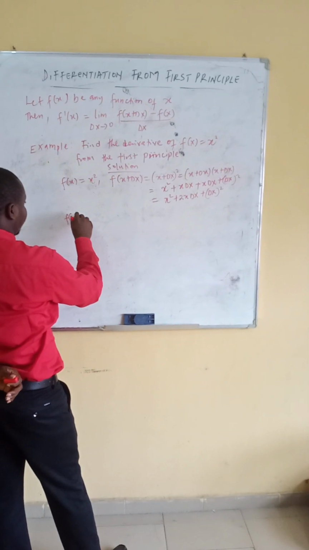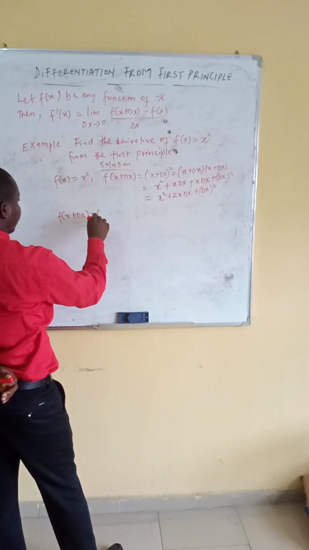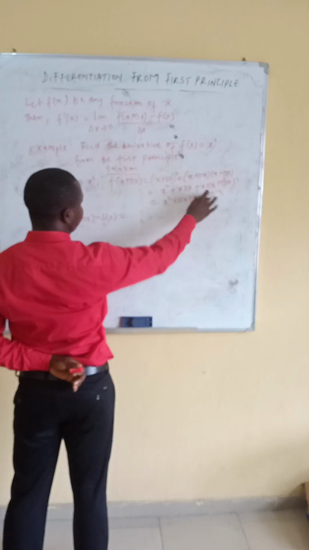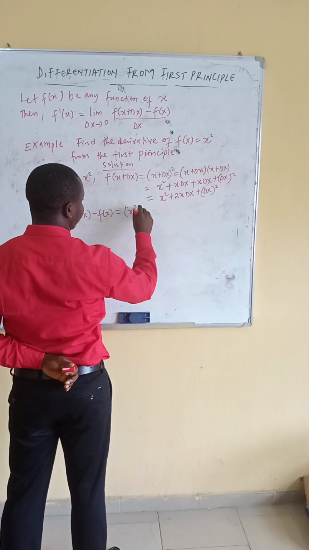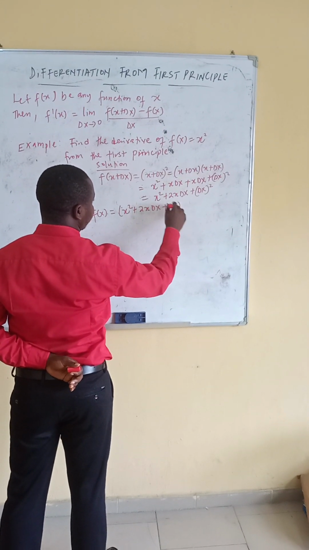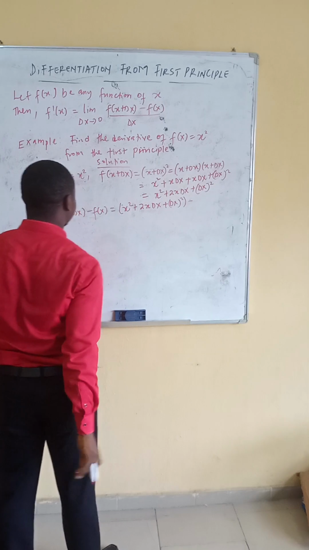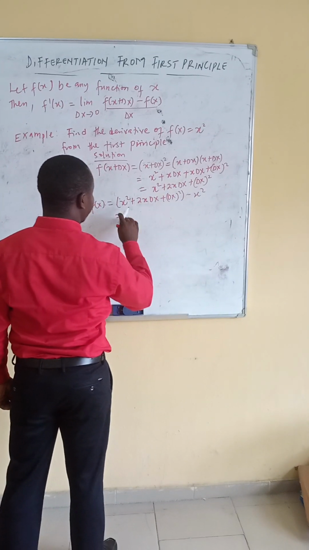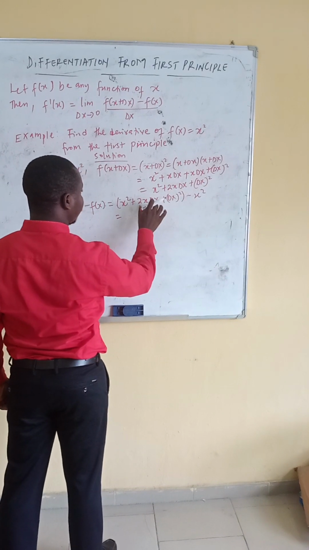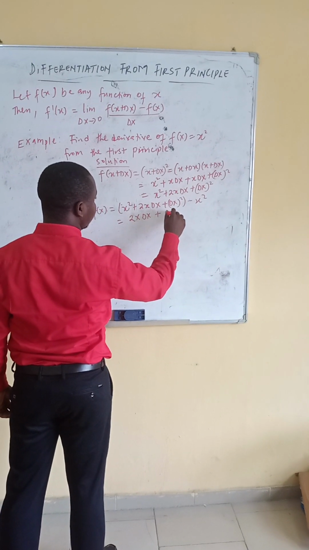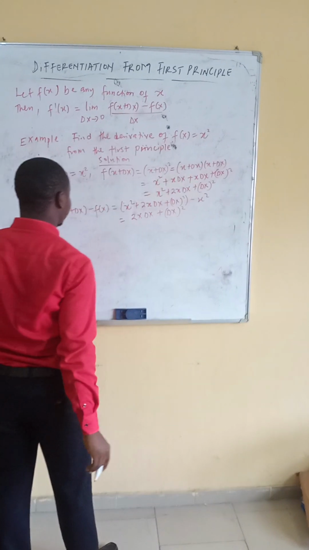Now f of x plus change in x minus f of x: f of x plus change in x is x squared plus 2x change in x plus change in x all squared, minus f of x, which is x squared. So we have x squared minus x squared is 0. We're left with 2x change in x plus change in x all raised to the power of 2.